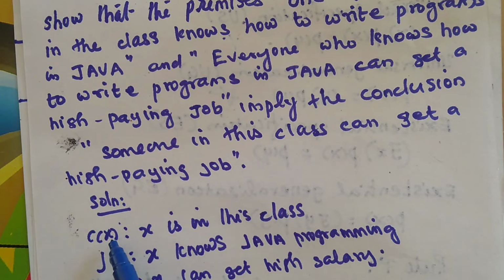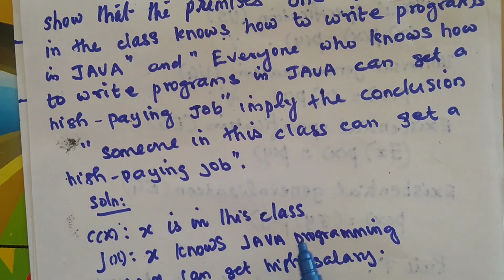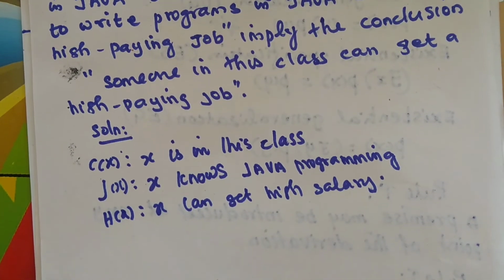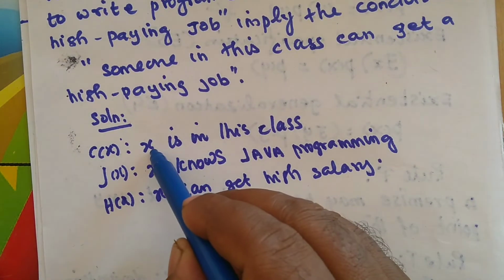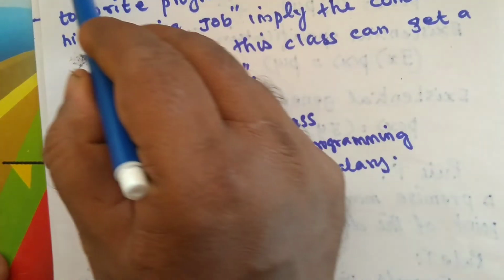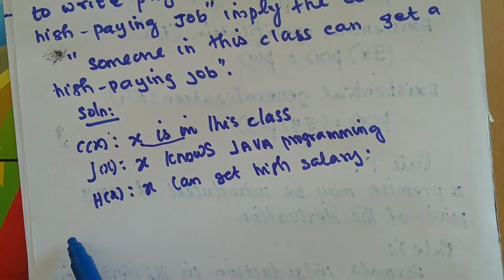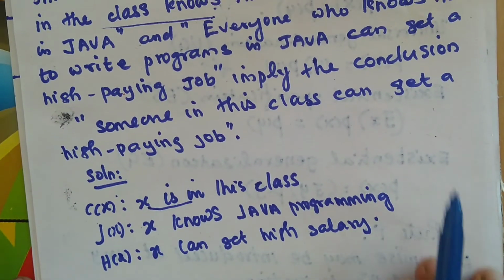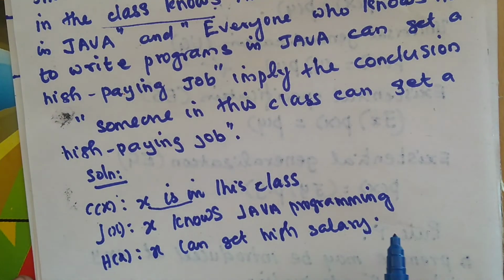That means C of X and J of X. He is in the class as well as knows Java programming. So one student in the class, how to write the Java program. So he is in the class as well as he knows the Java programming.